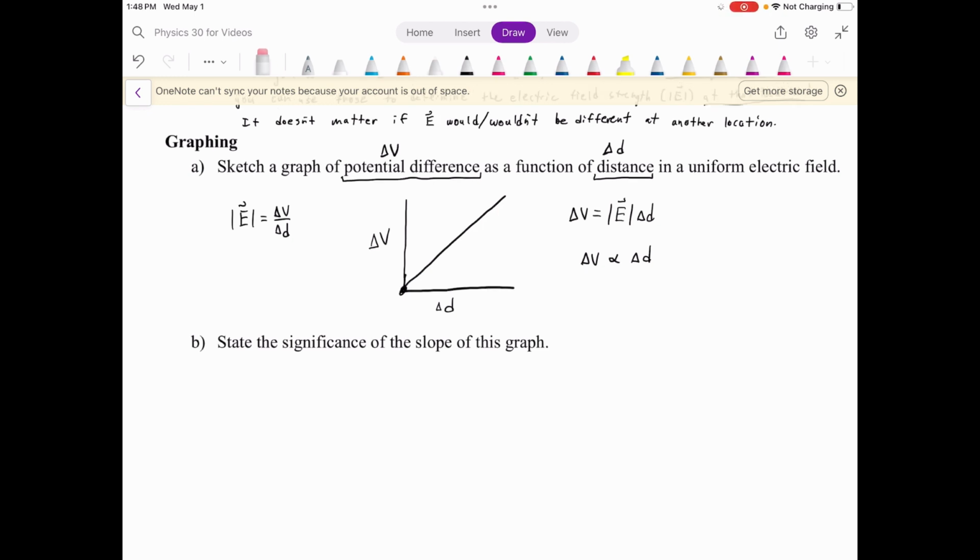All right, so next up, it asks us to state the significance of the slope of this graph. Well, the slope is always the same thing, rise over run, the y over the x. So looking at our graph, what would a rise over a run on this graph, what physical quantity would that represent? And again, we're not guessing here, we're going to let the equations tell us. Is there any equation that has us taking a voltage and dividing it by a distance?